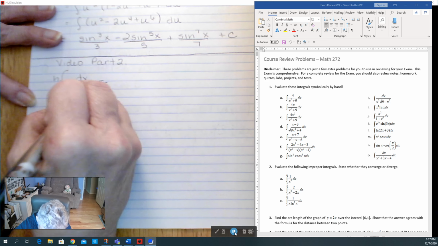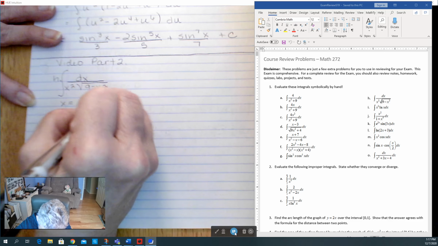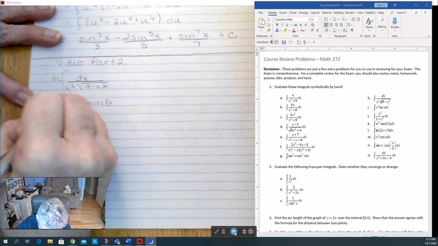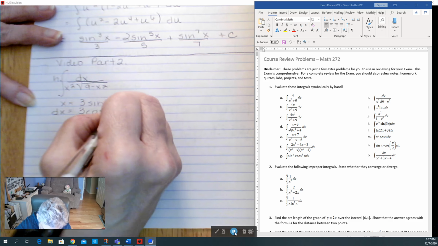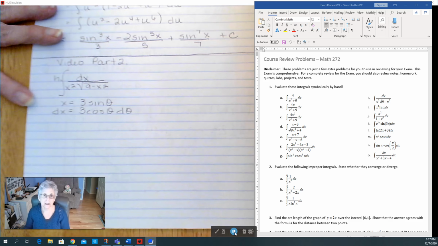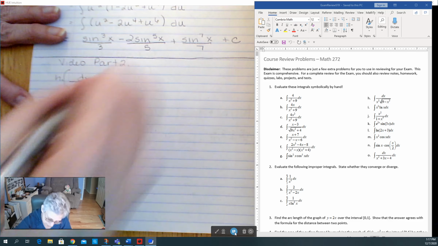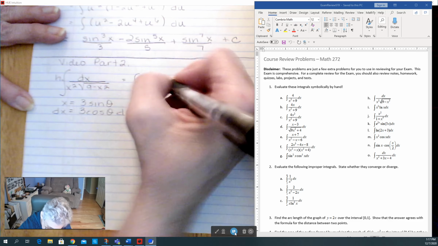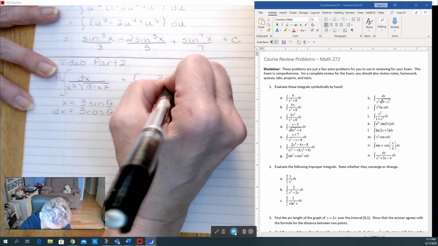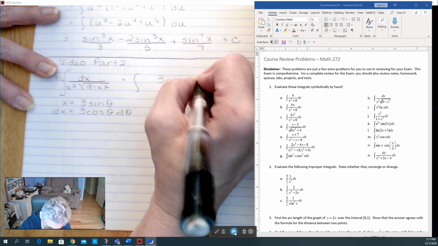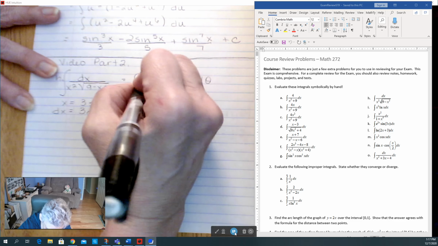x is equal to 3 sine theta. dx is 3 cosine theta d theta. So now the substituting part. Instead of dx on top, I have 3 cosine theta d theta.